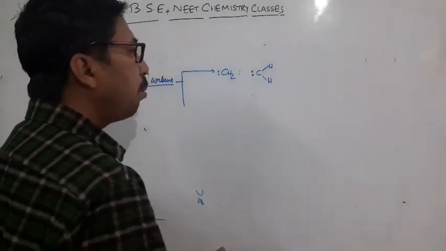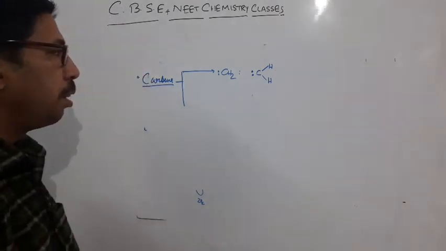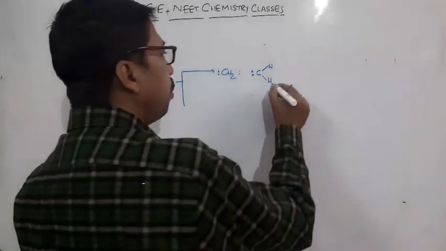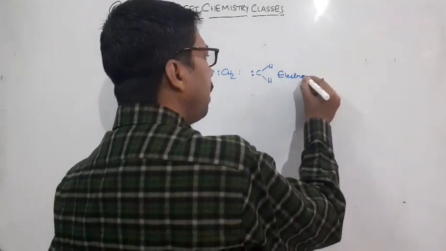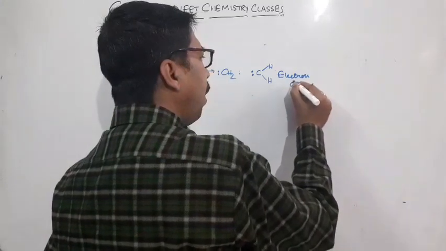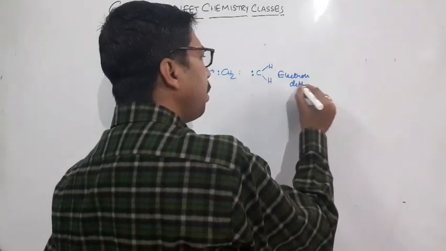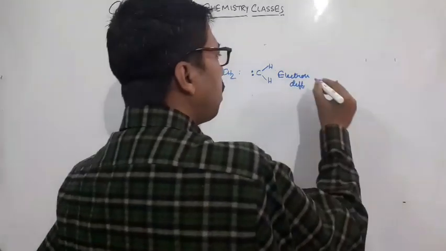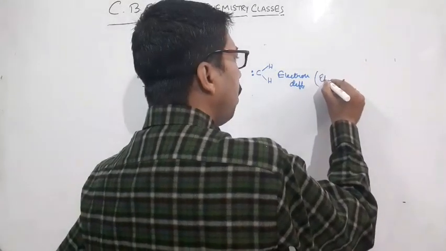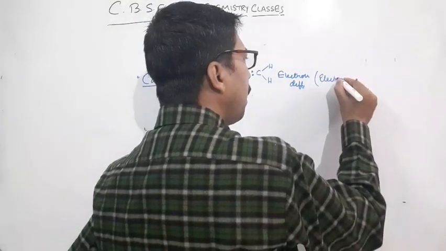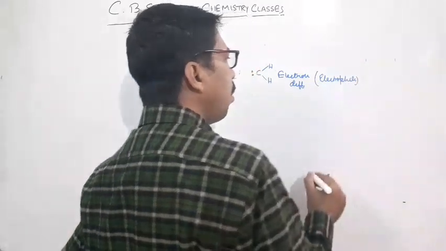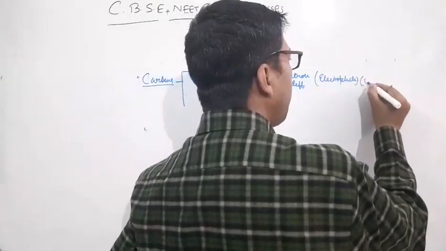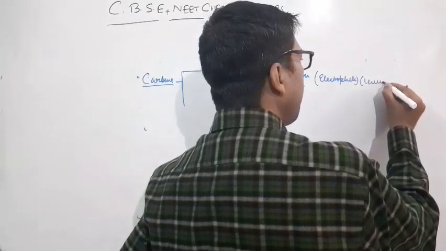So the total number of electrons around carbon is 6, which means it is electron deficient. It will be electron deficient, and all electron deficient species behaves like electrophile, and all electrophiles behaves like Lewis acid.